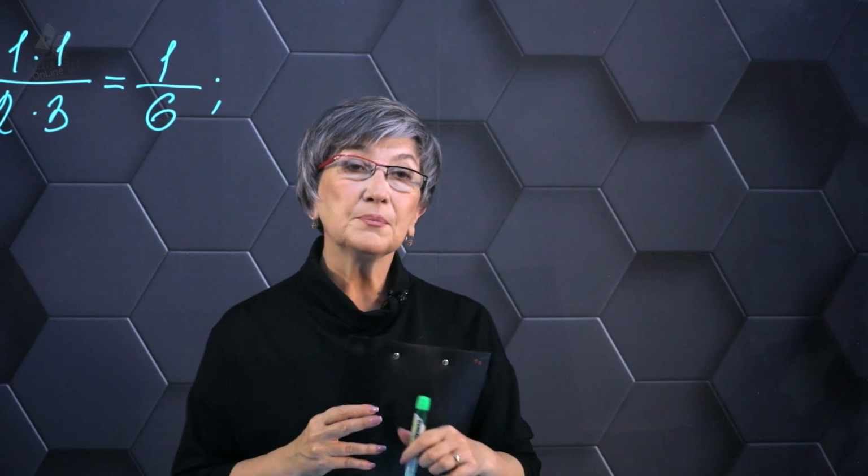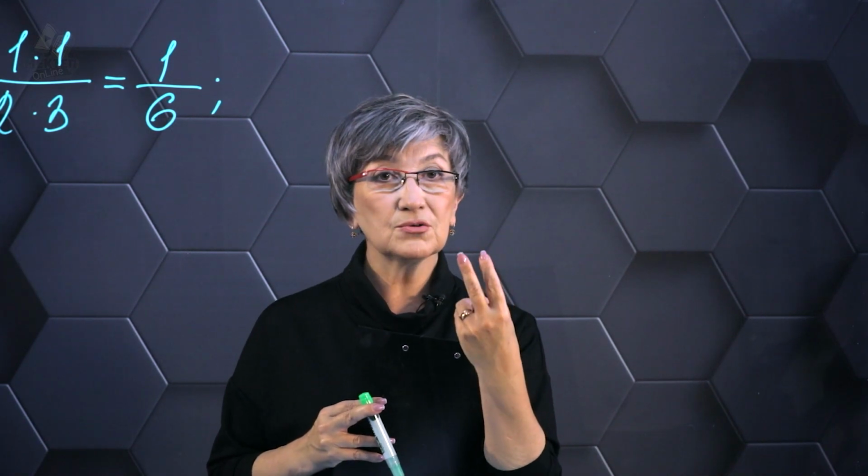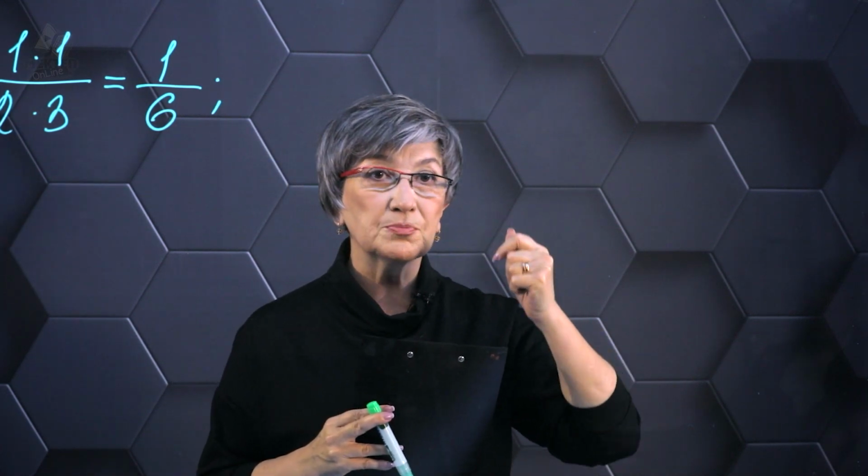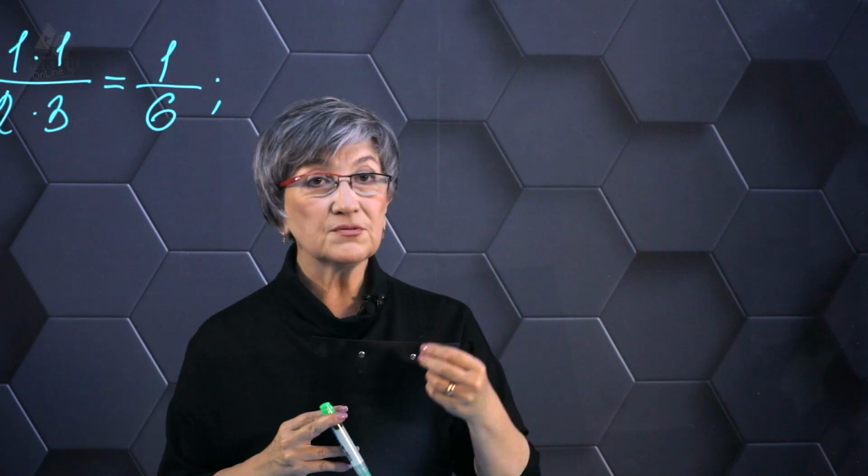Guys, in order to remember which rules to use for which actions, you need to remember one very important observation or rule. Always two actions that compensate for each other have the same rule. What actions am I talking about?